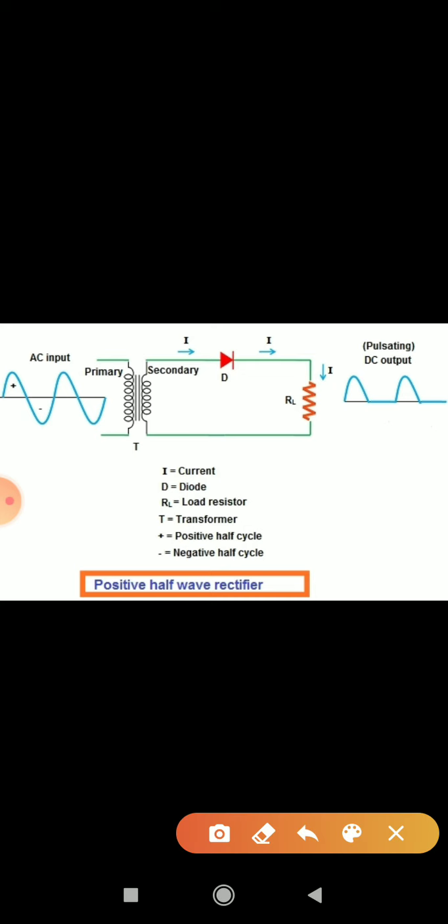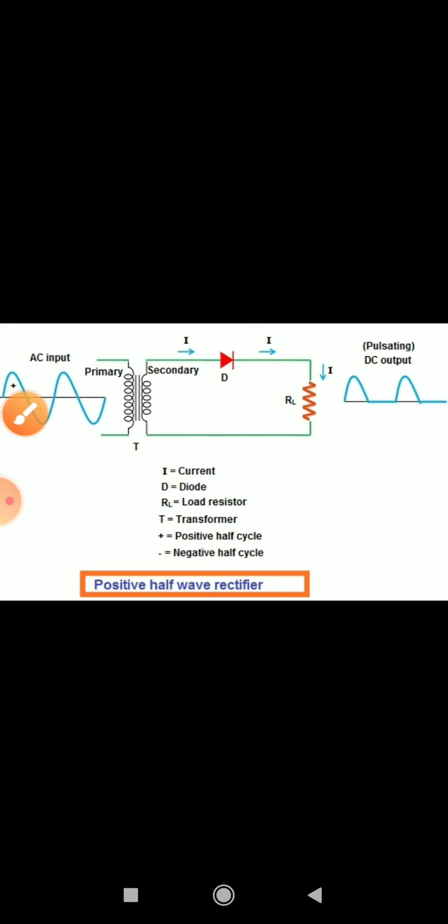Generally transformers can be step up or step down transformers. Here we use a step down transformer to step down the voltage, because our PN junction diode cannot bear a large amount of voltage. A large voltage can destroy the PN junction diode. So we use a step down transformer here to reduce the voltage, and then it is fed to the diode.